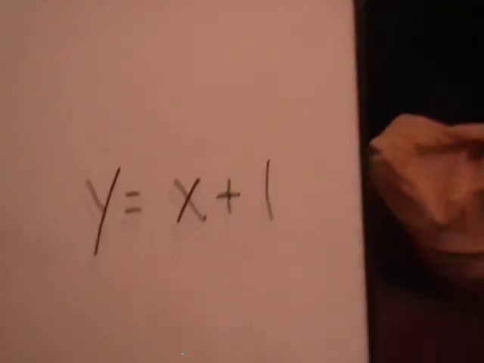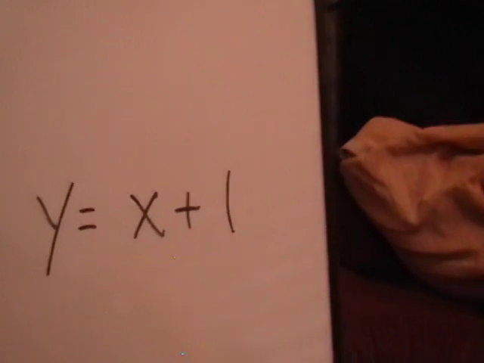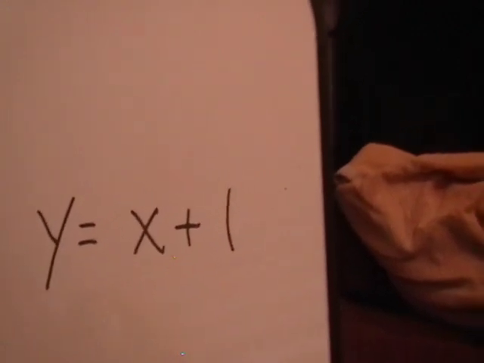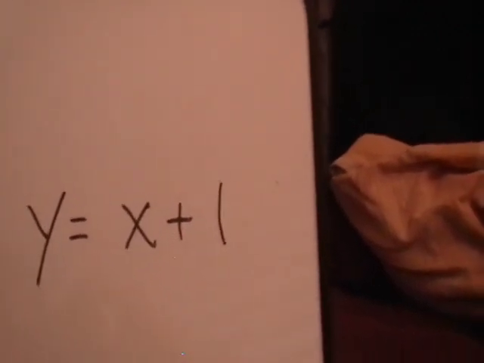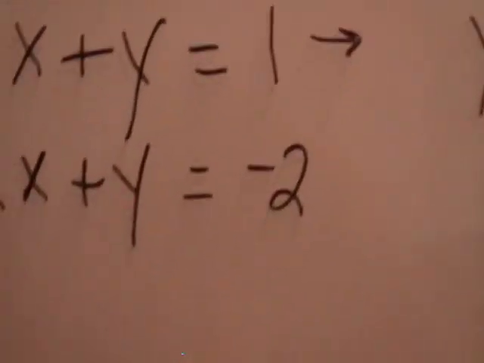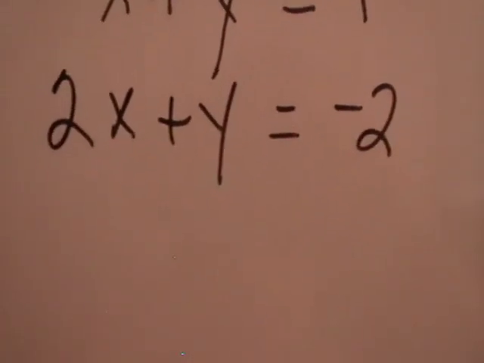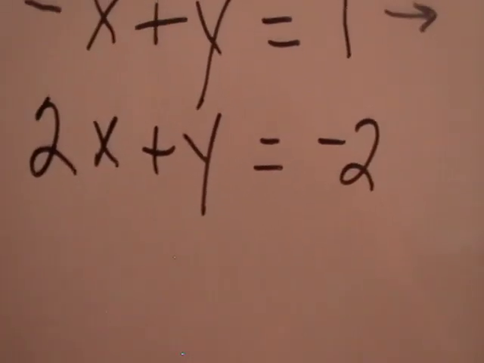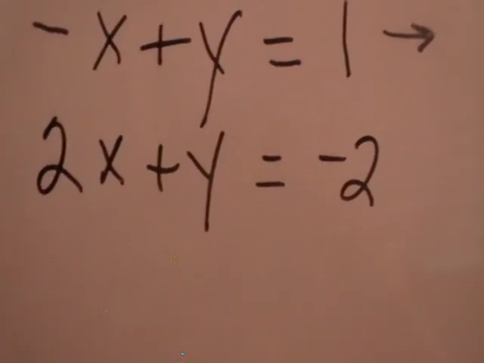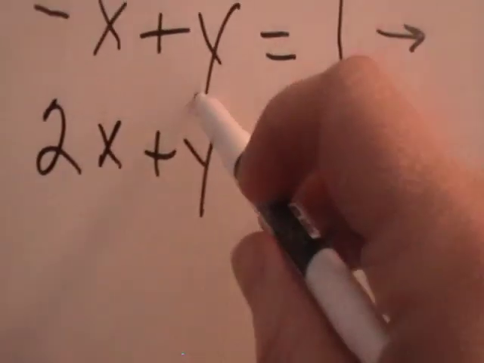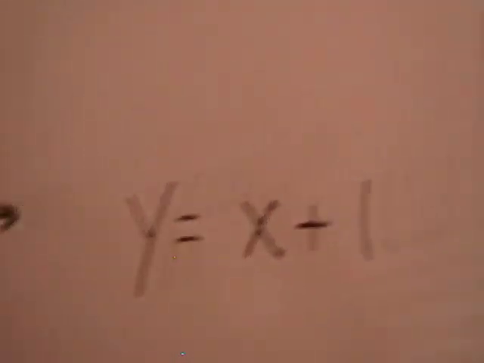So now I've changed it so that the x is just positive, and I have y equals x plus 1. Now in the second equation, 2x plus y equals -2, every time I have a y, I'm going to substitute in that right there.